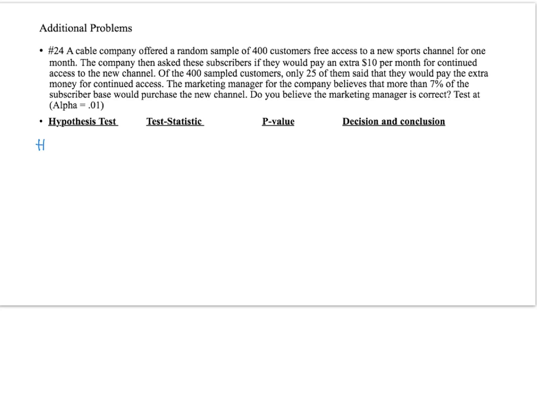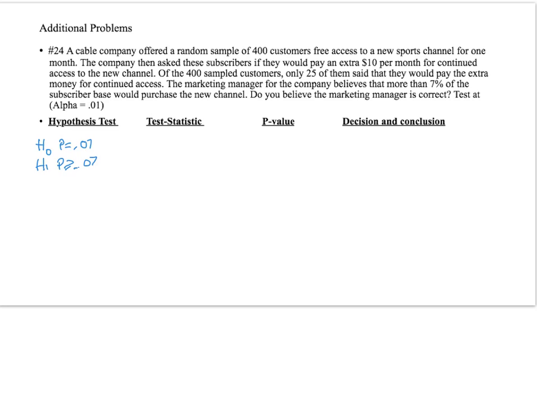We're going to test P is equal to 0.07 against the alternative that P is greater than 0.07. We're going to test out his theory, right? His claim is that more than 7%.